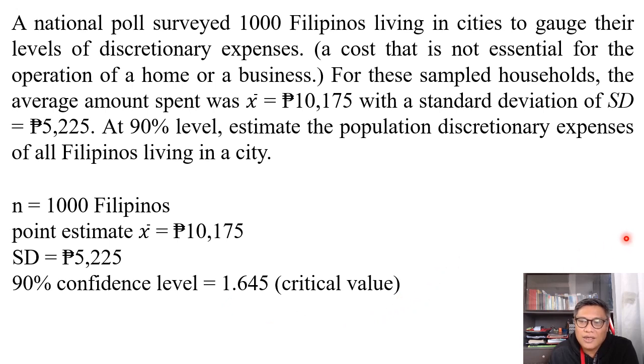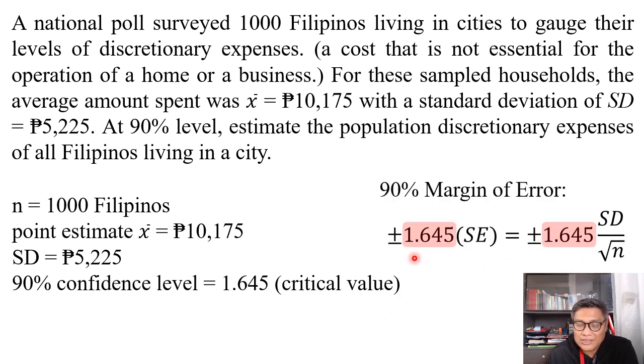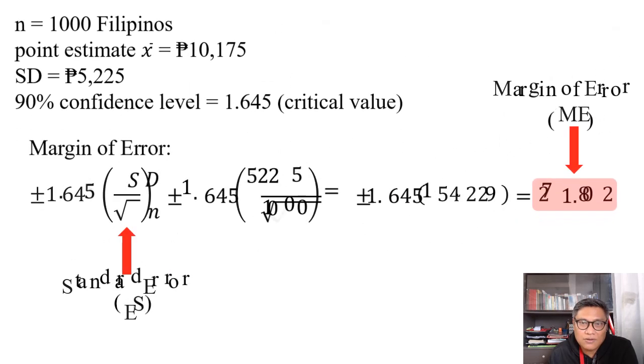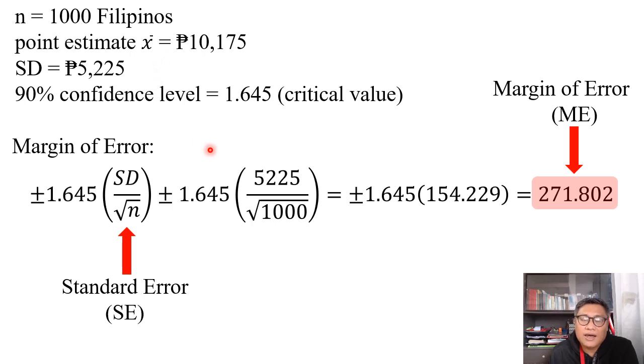Okay, so our margin of error now will simply be plus and minus 1.645 times the standard error given by this formula. If you want to substitute this directly, you need also the other data. So the standard deviation is 5,225. The number of cases or sample is 1,000.